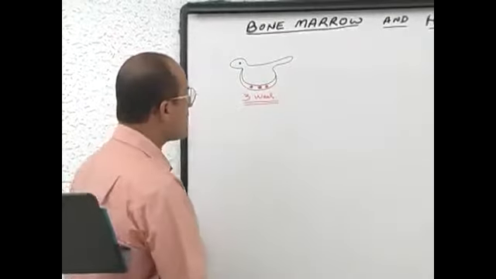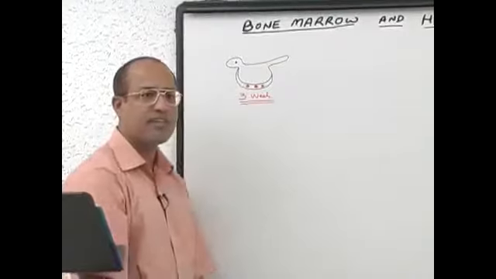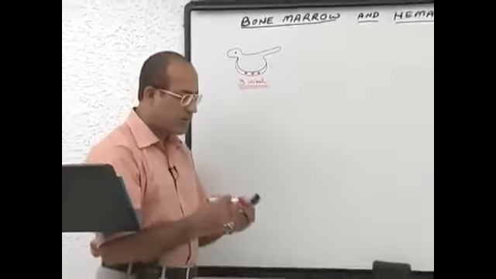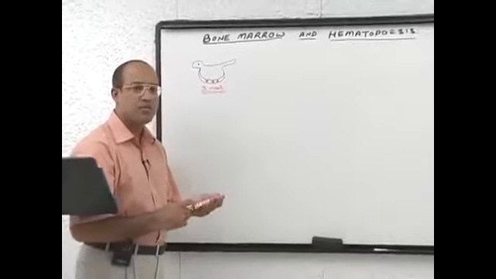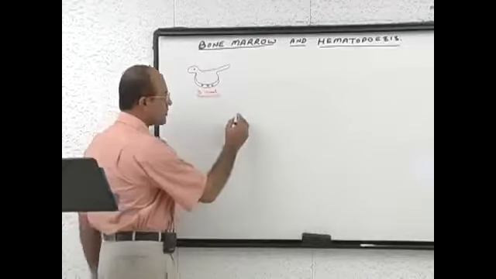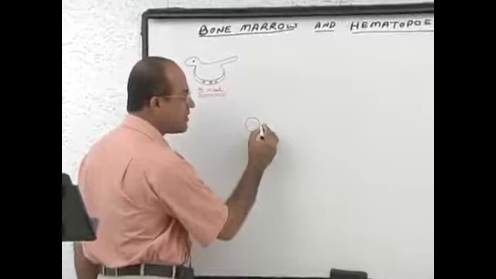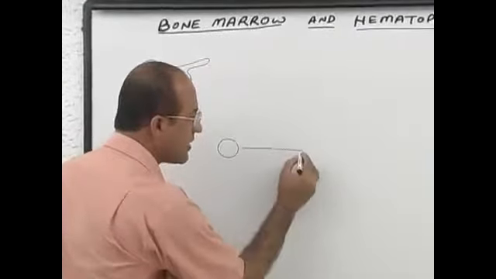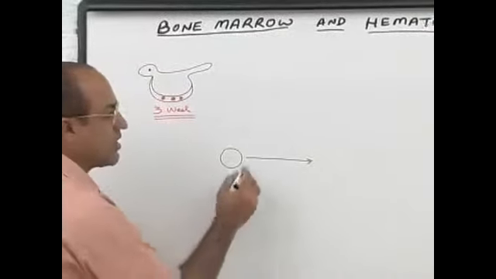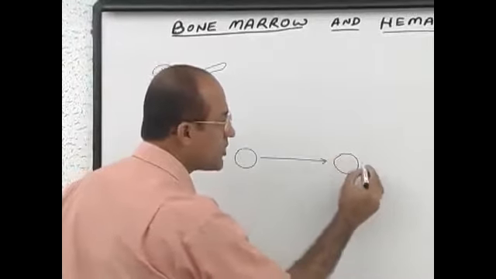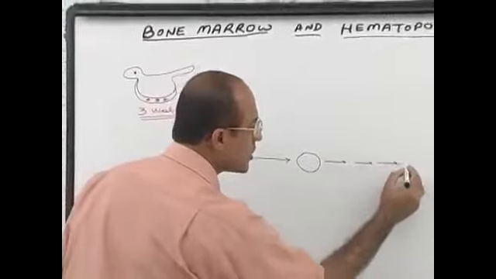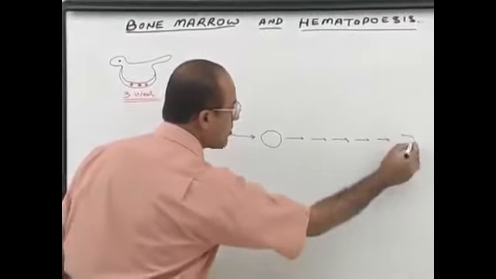But we should define what a stem cell is. A stem cell has a unique property that whenever it multiplies, it multiplies asymmetrically. Some of its cells will differentiate along the way into mature, well-differentiated products.